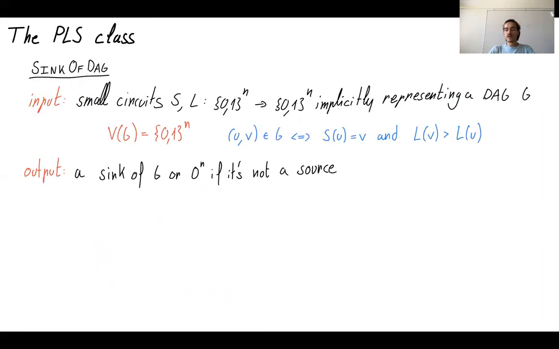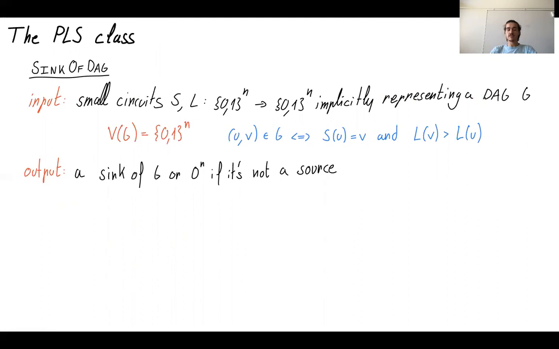Okay, so let me now show in more detail how we formally define, for instance, the PLS class. The PLS class, for polynomial local search, is defined with a complete problem called Sink of DAG. Recall that the principle behind it was that every acyclic directed graph has a sink.